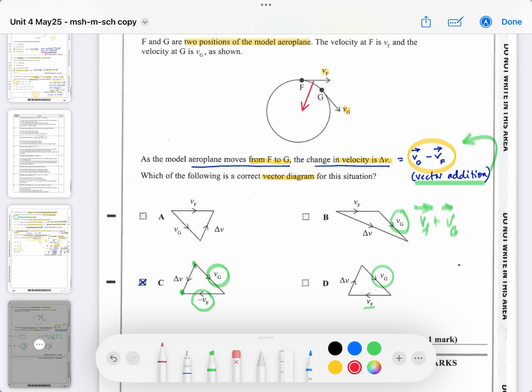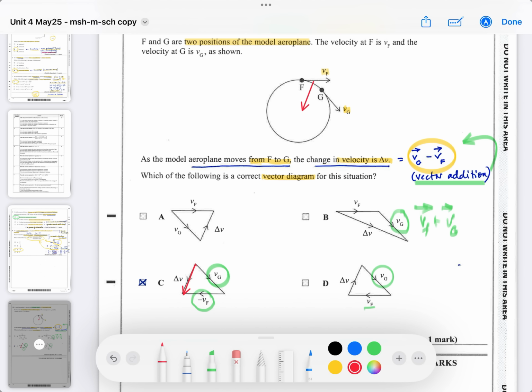Yes? So that's Vg minus Vf will be that red arrow, which would be this. Let's draw that neatly. Okay, so that's the same as what I've drawn on the circle.